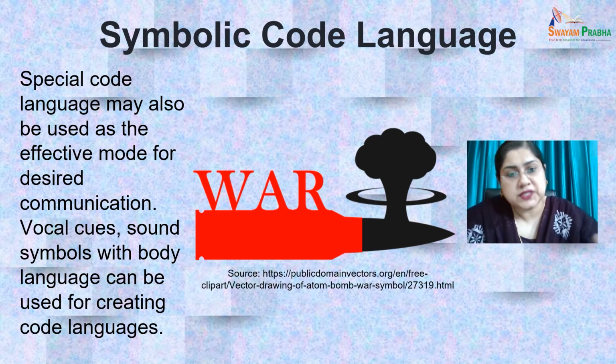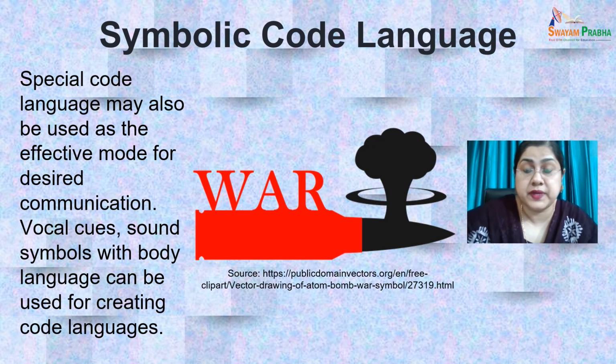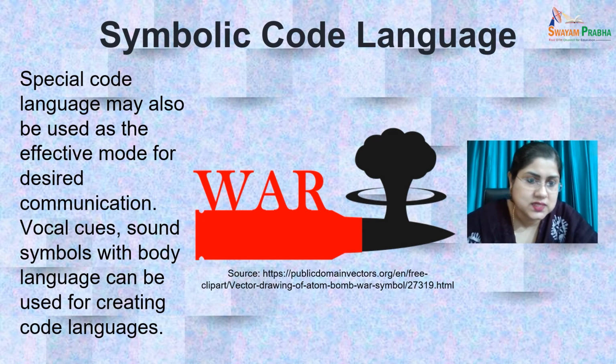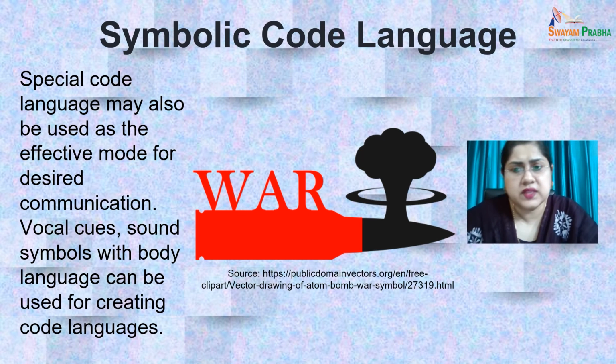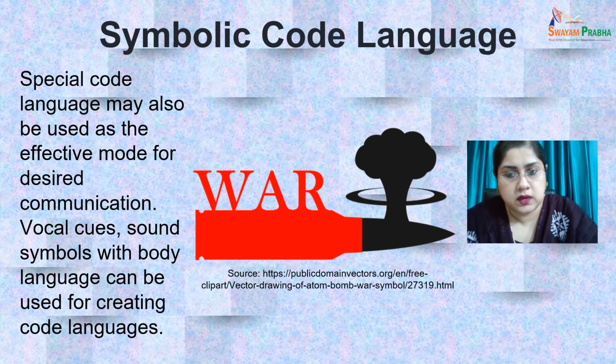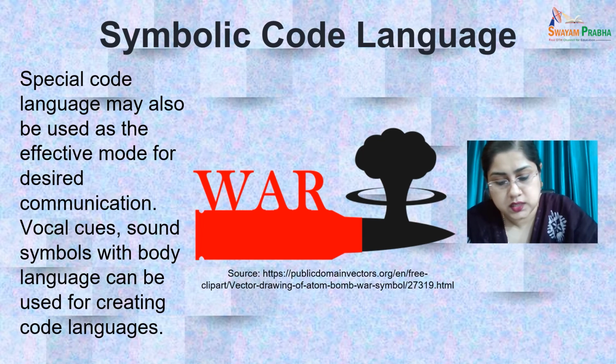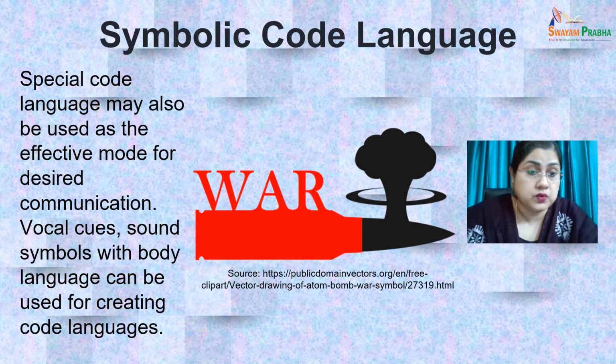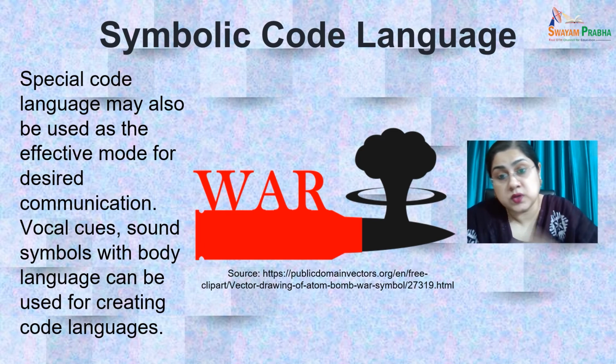The special code language, which is prepared with the help of various gestures, postures, and body movements, can be used for communicating with a person who has a hearing impairment, or who is not able to understand the language, or is not knowing that language.